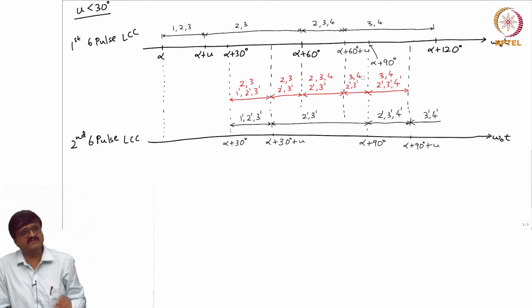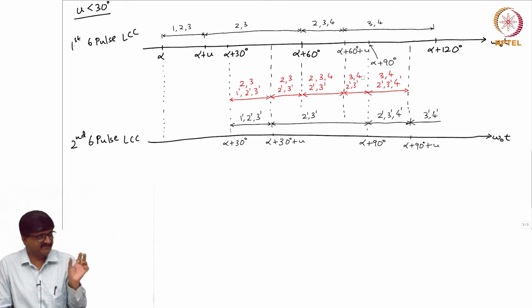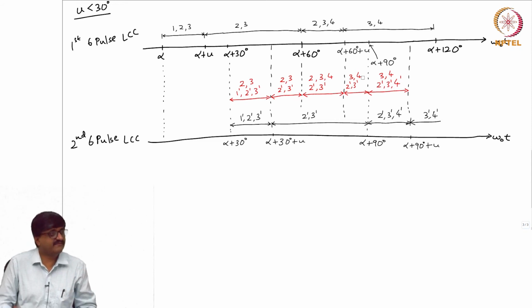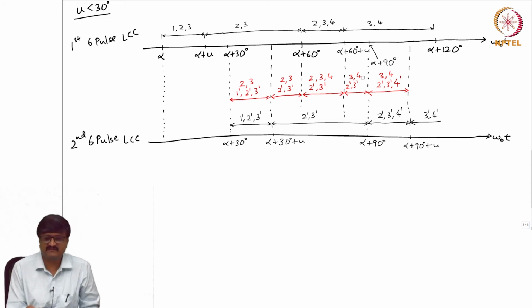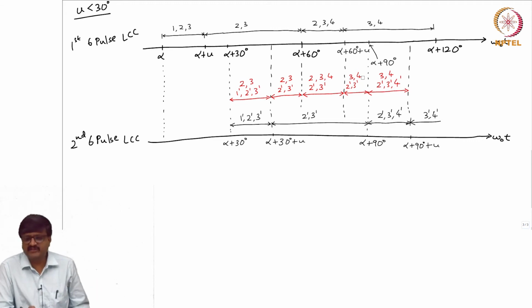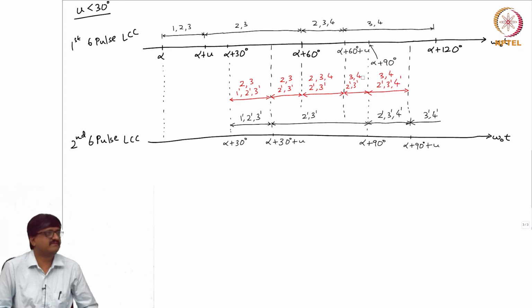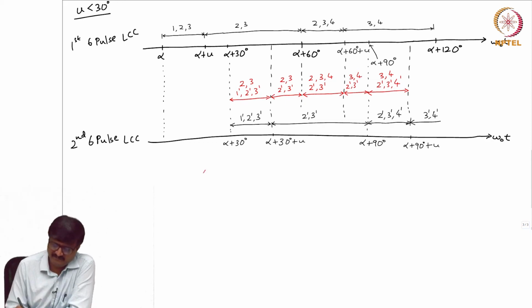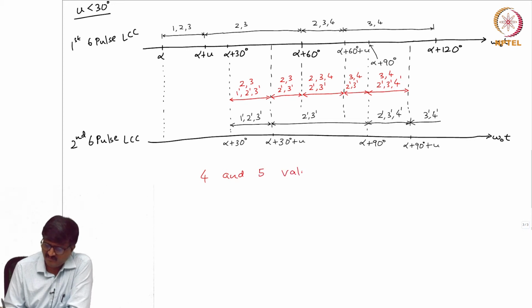In the 6 pulse LCC, the width of the interval is 60 degrees. In the case of 12 pulse LCC, the width of the interval is 30 degrees. So, I can look at any 30 degree interval and see the number of valves that conduct. At any instant either 4 valves conduct or 5 valves conduct. So, this is known as 4 and 5 valve conduction mode.